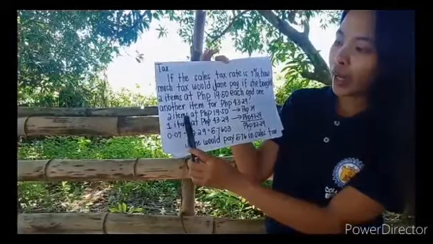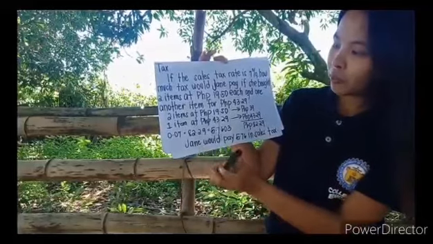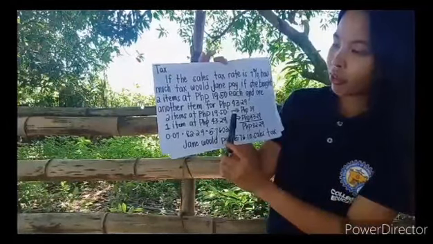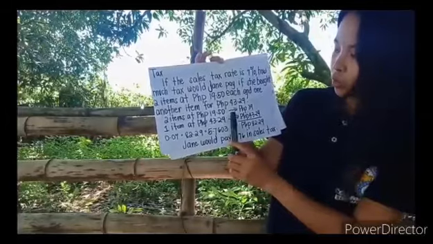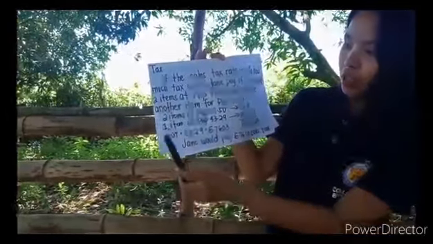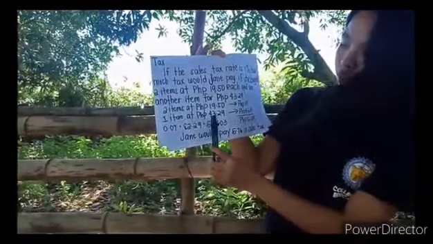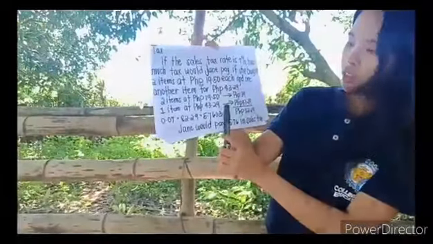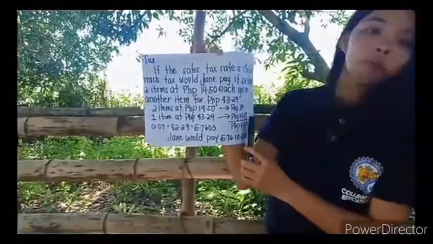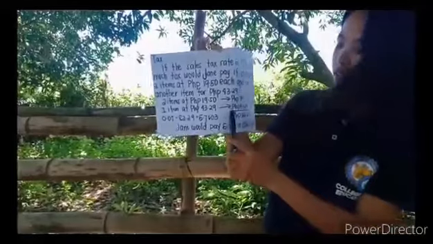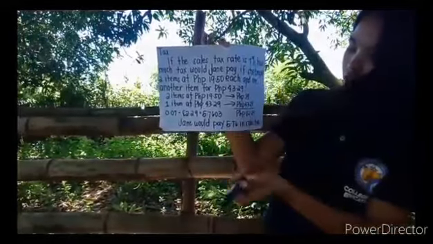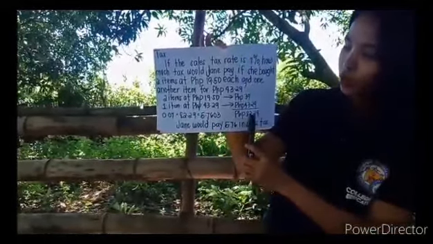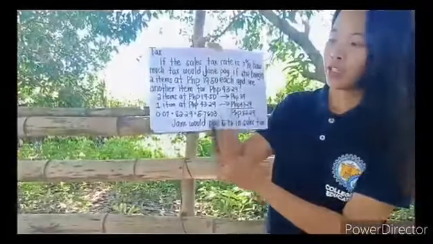Two items at 19.50 pesos is equal to 39 pesos. One item at 43.29 pesos is equal to 43.29 pesos. We add, so the total cost is equal to 82.29 pesos.